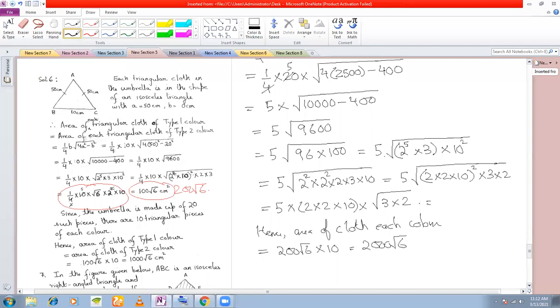The area of each cloth that I am getting here is... let us start prime factorizing here once again.